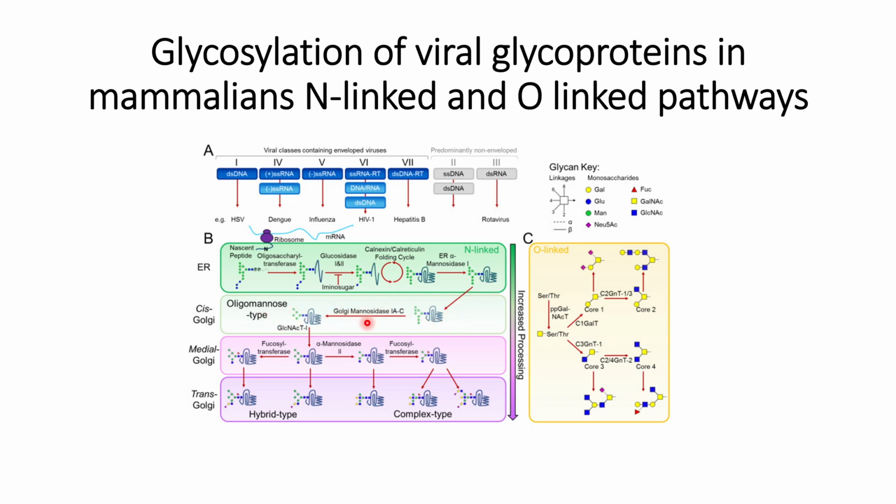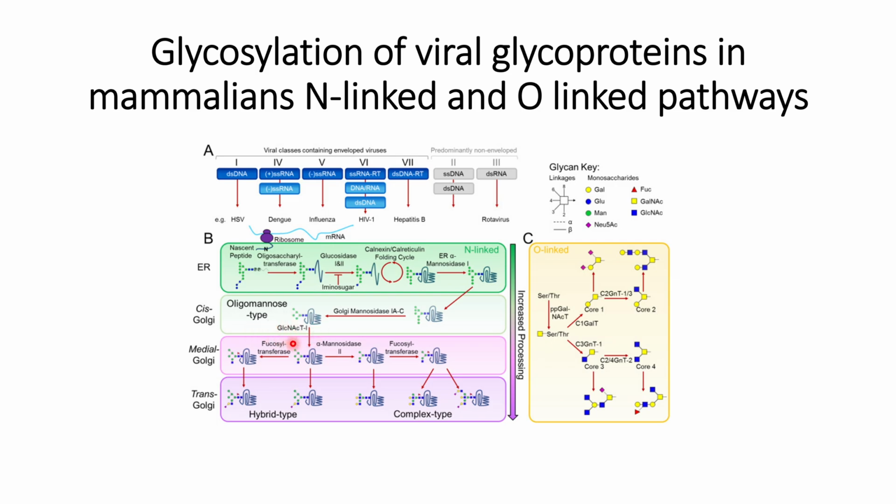What happens in this case is that glucosidase will trim off the extra glucose, and Golgi mannosidase will trim off the extra mannose, so that it gets a structure of around mannose 5 and N-acetylglucosamine 1.